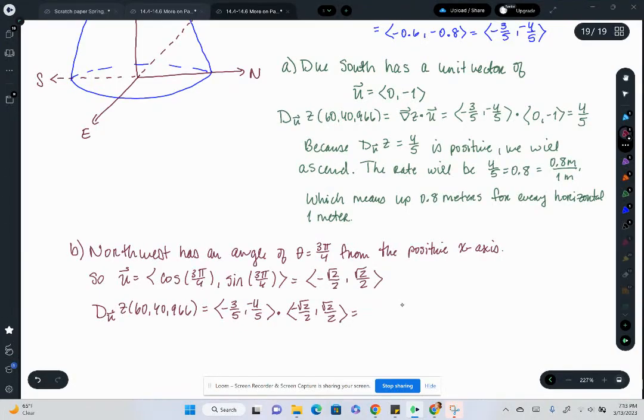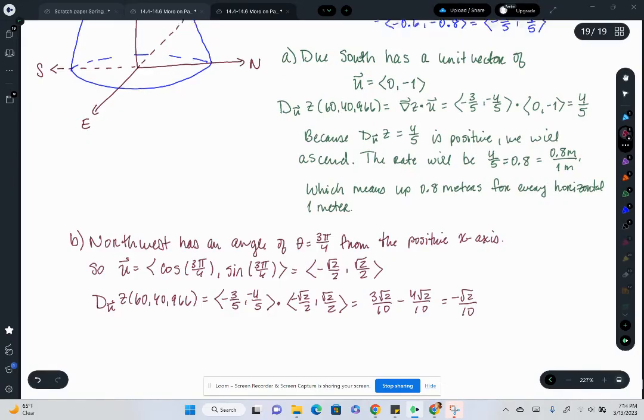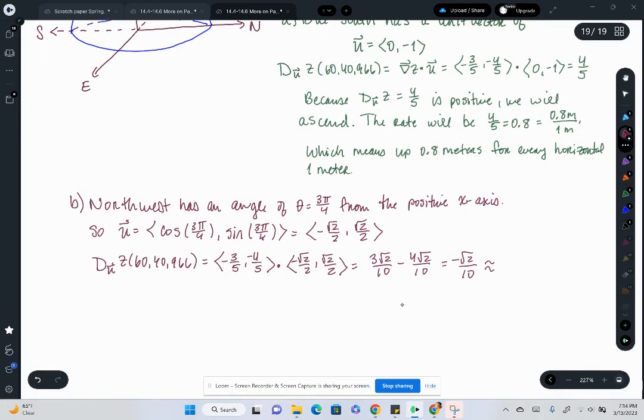So do the dot product, I get 3 root 2 over 10 minus 4 root 2 over 10. And that is going to give me a total of negative root 2 over 10, which is approximately negative 0.14.